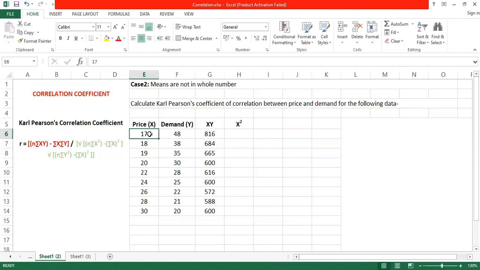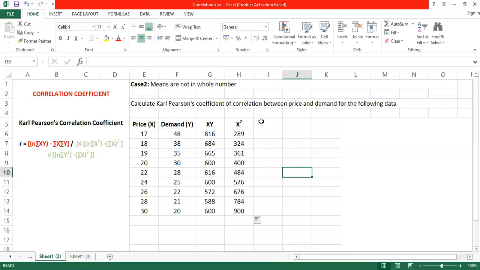So 17 is X, so X square is 17 square. So 17 into 17, right? Similarly, for 18, X square is 18 square. So 18 into 18. Similarly, it is for all the values.